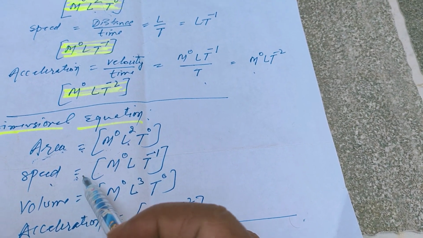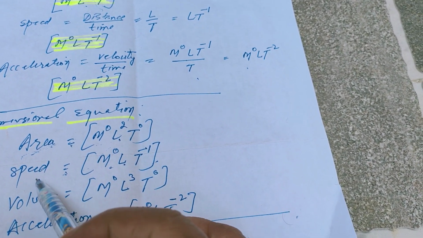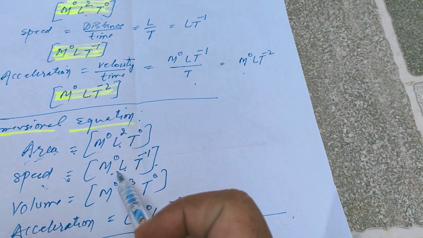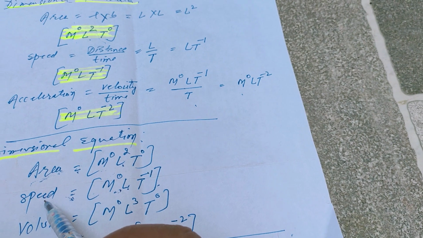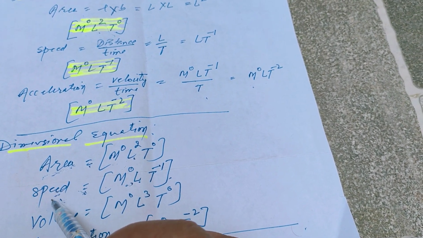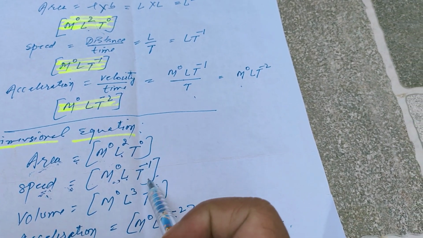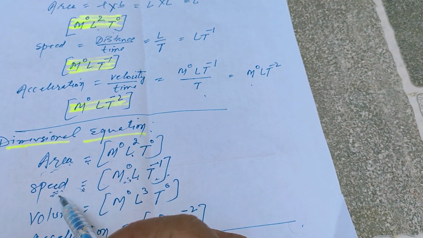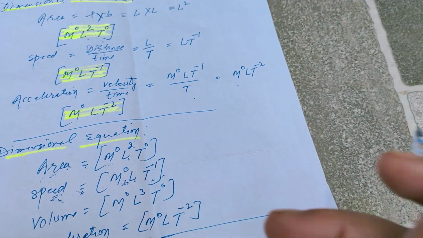Speed is equal to M0 L T minus 1. This is the physical quantity, and it is equated with the dimensional formula. So when on one side you write the physical quantity, and on the other side you write its dimensional formula, this expression is called a dimensional equation.